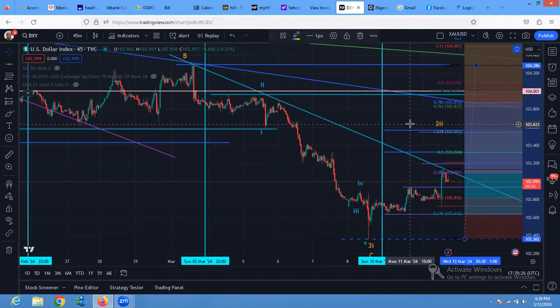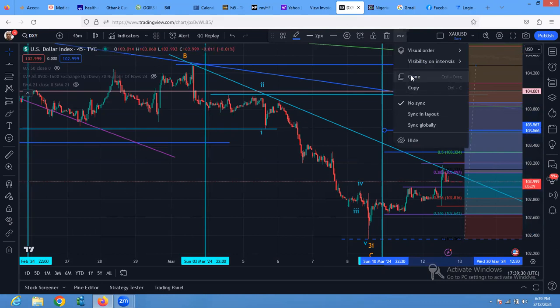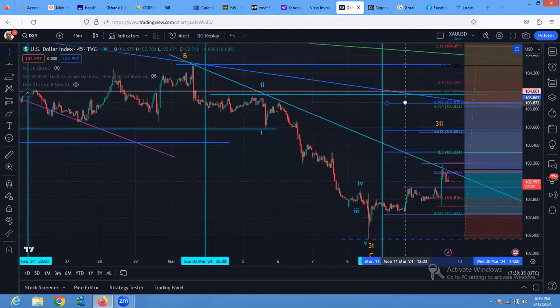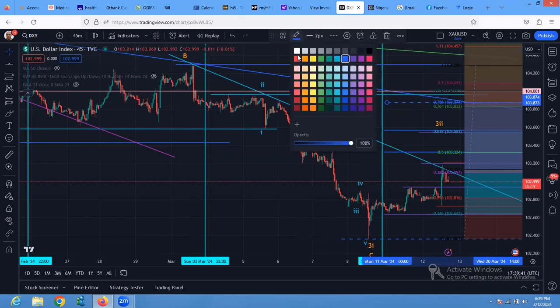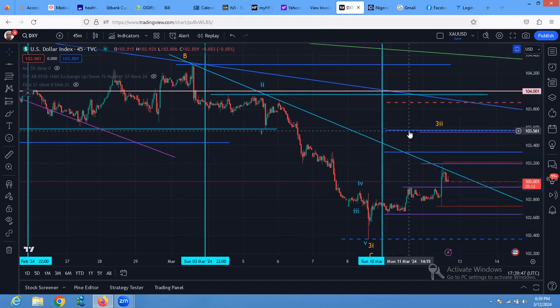The 78 is actually here, and so the price should find resistance at this level, without breaking the primary two. This will be the ultimate area that we would expect the price to push backward. So you should be looking for a reaction at 61.8 at least.